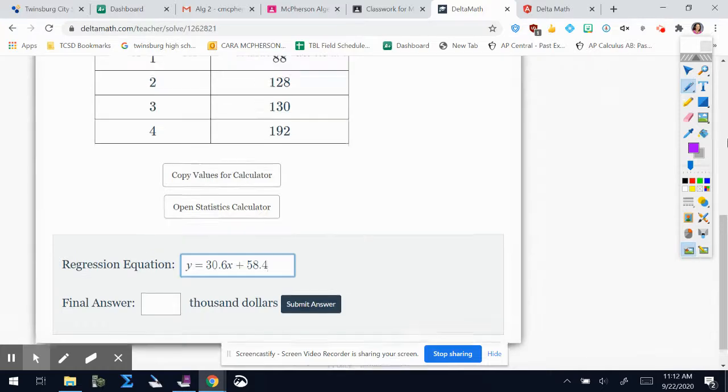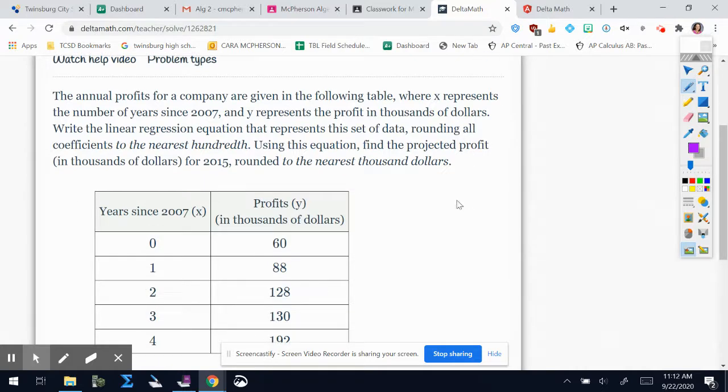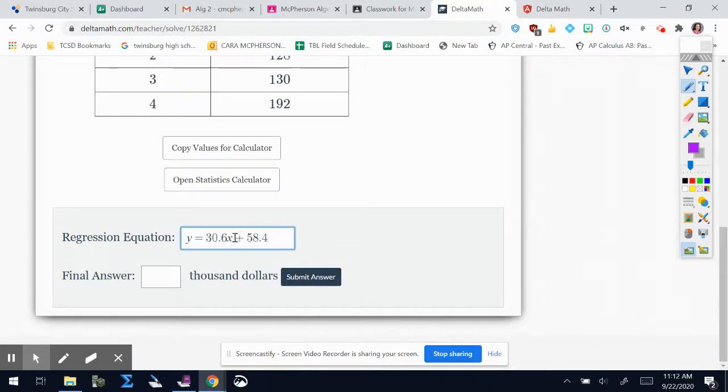So let me go back up and show you what the question said. The question said, we want to use this formula to figure out the profit in thousands of dollars in 2015. So 2015 is 8 years since 2007. So 8 years have gone by. That means my X value, which is years, needs to be an 8. So for this formula that I wrote down here, it does help to have a calculator.